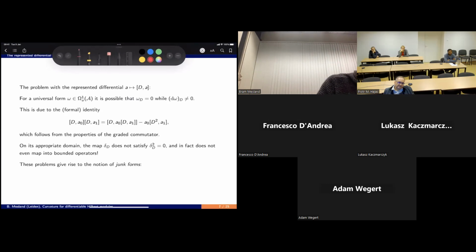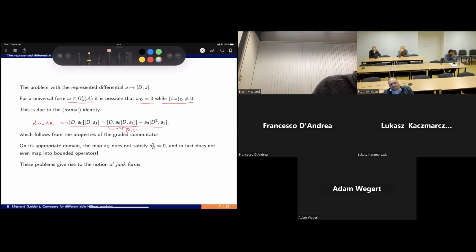So the problem to get a map from differential graded algebras is that if you have a universal form, this could happen. And why can that happen? Well, because your differential in the represented world would preferably be taking the commutator with D. But as you see, the image of this, like dA0, dA1, that thing, is what happens, whereas this is taking the commutator, which is already written there.